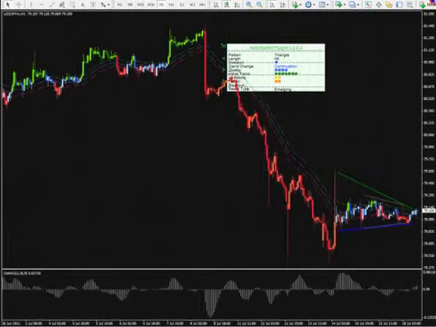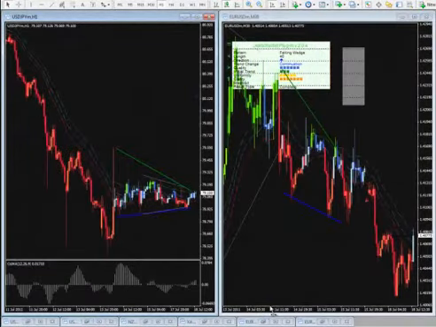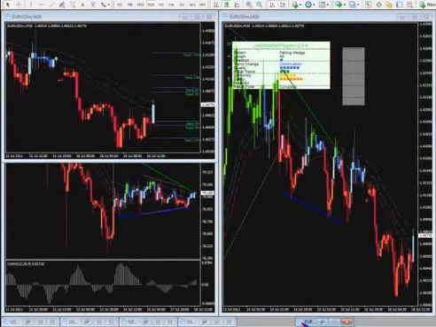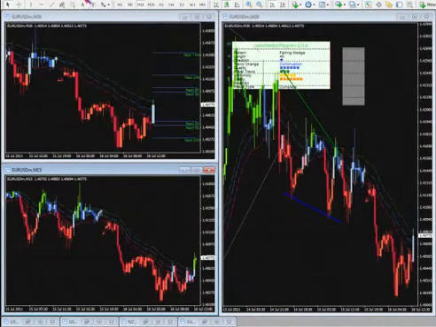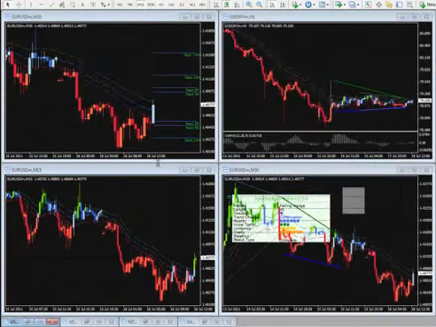All right. Okay, so in terms of the view that I'm looking at here, the kind of candles that I'm focusing in on.